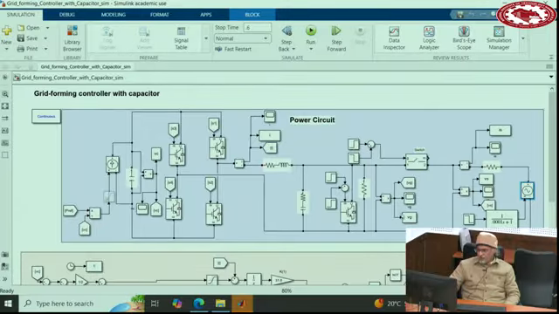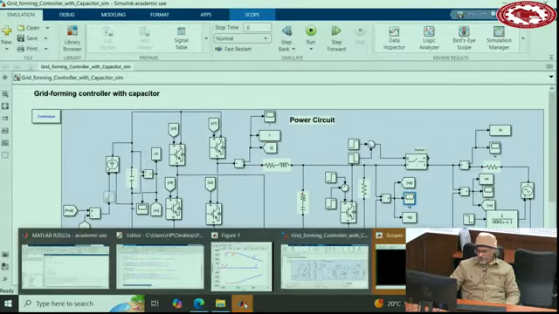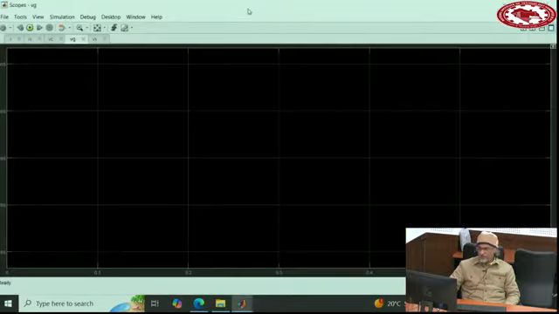Okay, so let me see what I can open. It looks very slow, even opening an oscilloscope. Now it's open here. All right. This was already open.